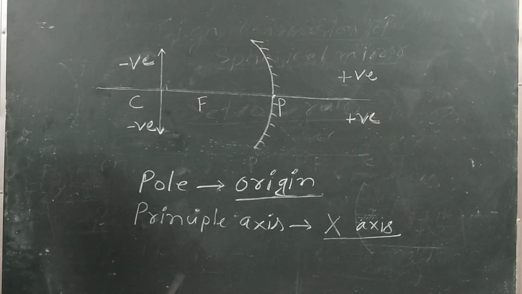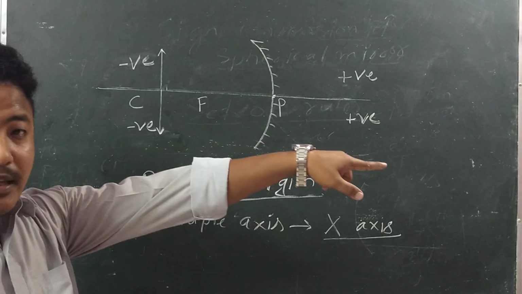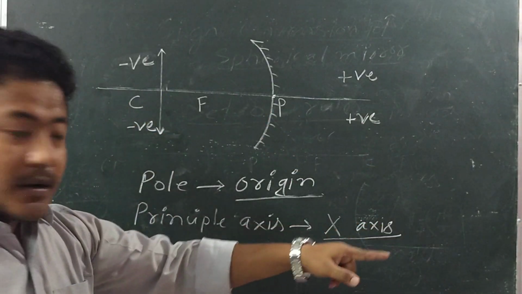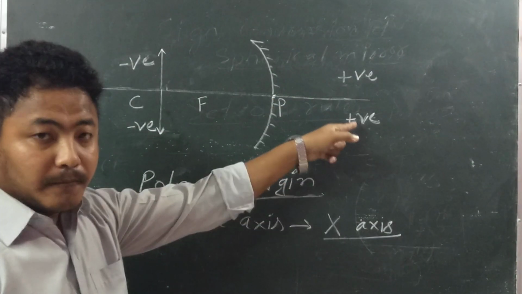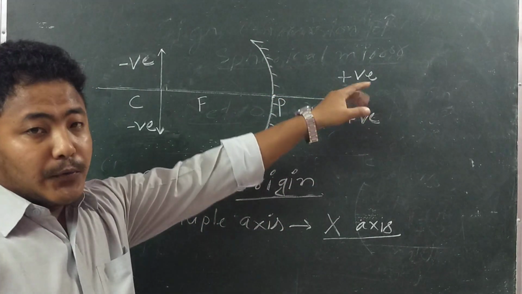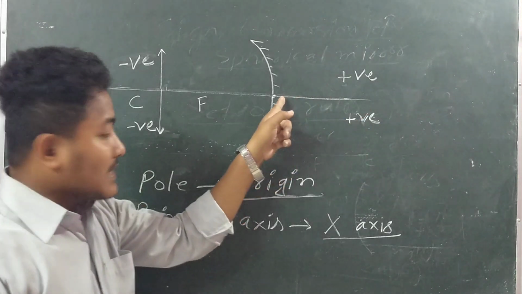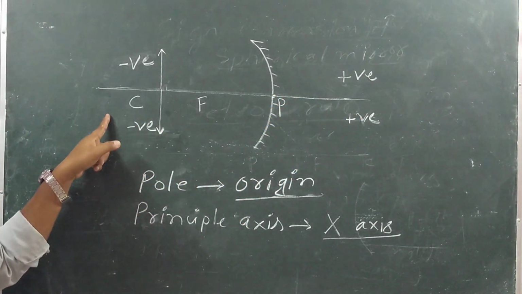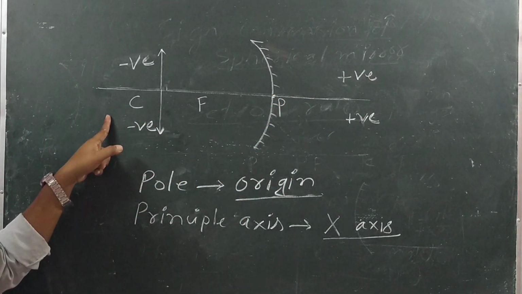Again, I am repeating that all distances will be measured from the pole of the mirror. Any distance you measure on the right side of the mirror will be positive. Any distance on the left side will be negative.